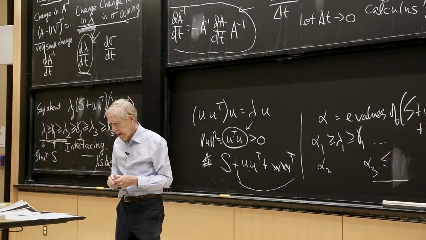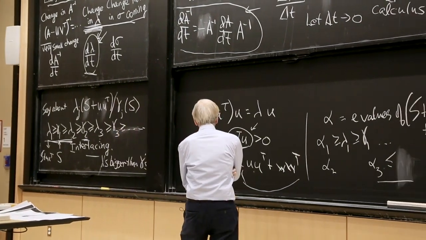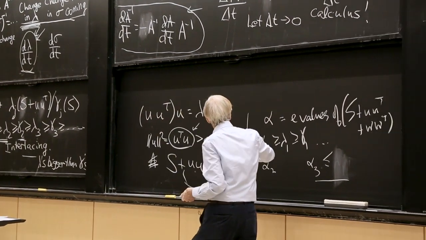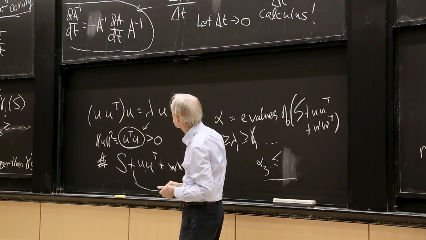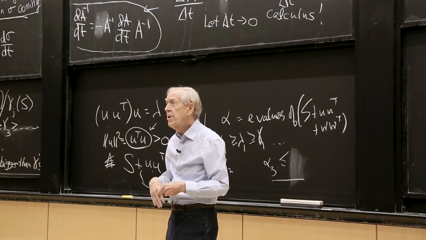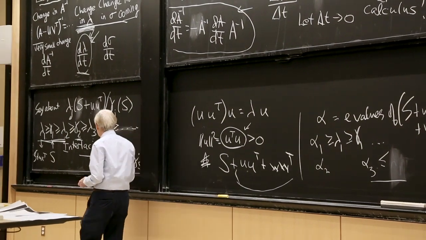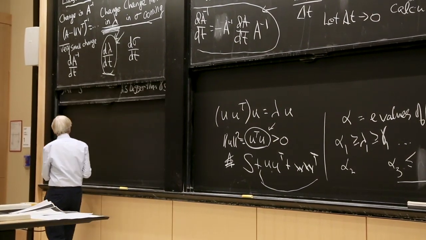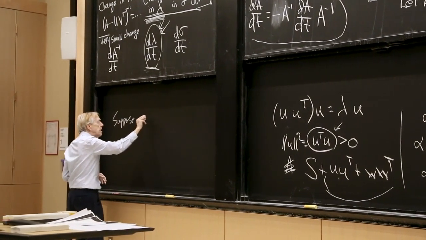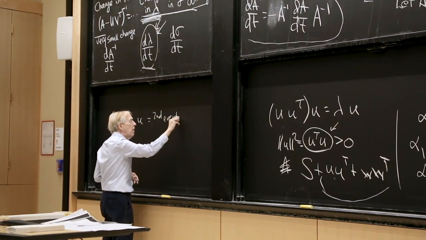Suppose this change that I'm making, this u, is actually the second eigenvector of S. What do I mean by that?